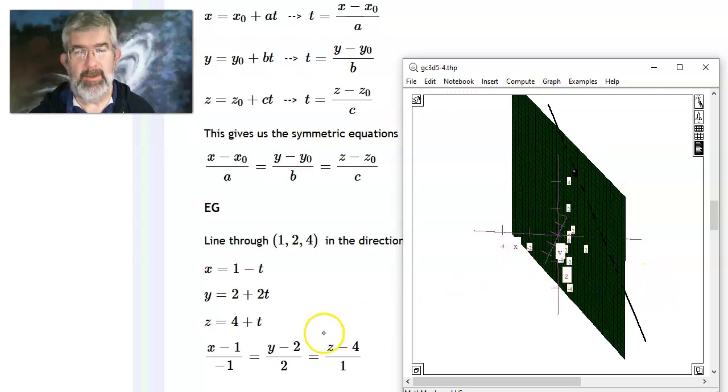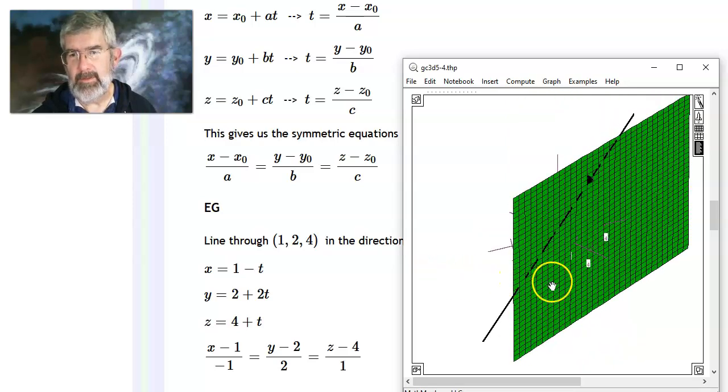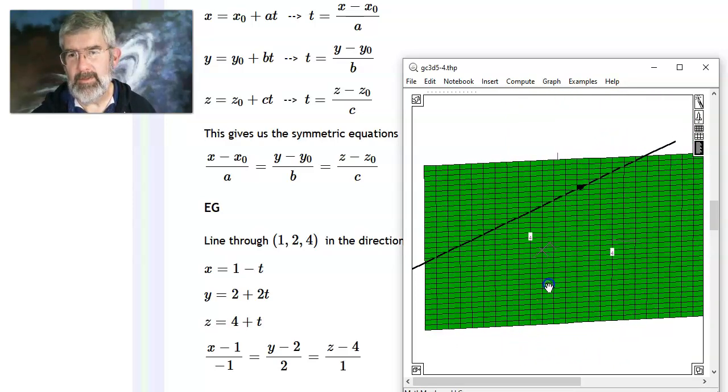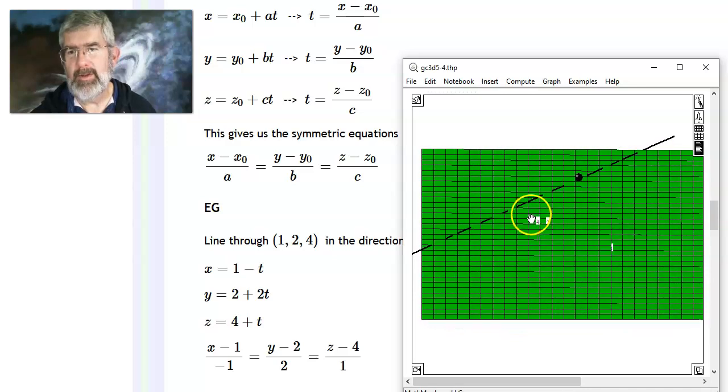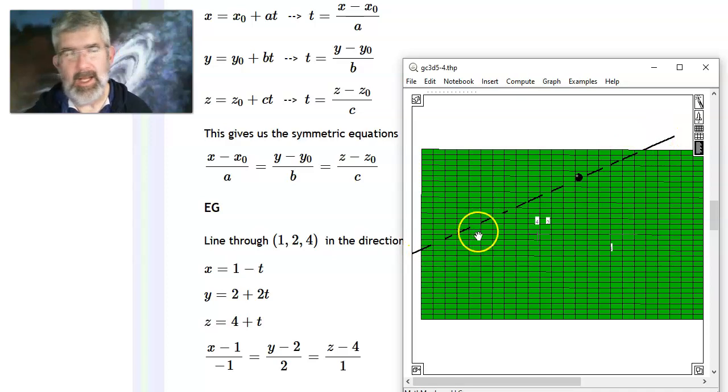Likewise, I could forget the x's and look at this equation with just y and z. If I look straight down the x-axis, now of course this green thing is in the way, but you would have the line in the yz plane, which we already did.